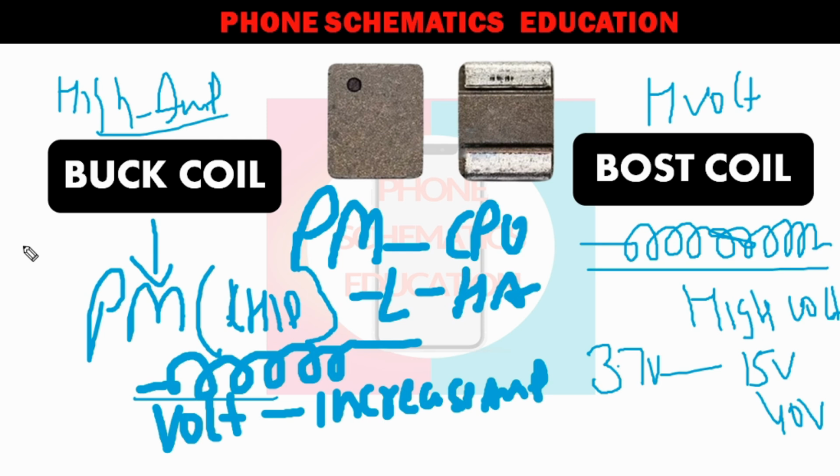Now let's go to the power IC, our main topic, and I will explain how the buck section works, because many technicians did not understand this section clearly. They were confused. Suppose a phone comes to a technician at testing time, they get confused about this buck coil, whether a buck coil with a low value is a short or not.